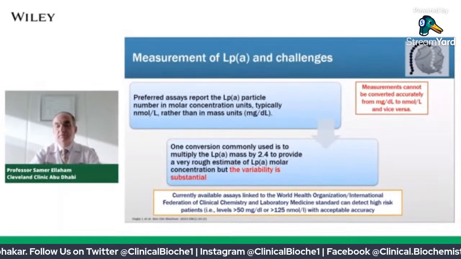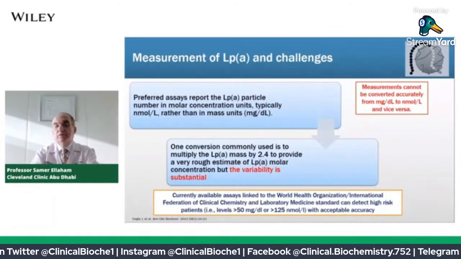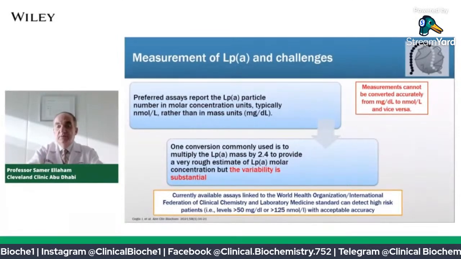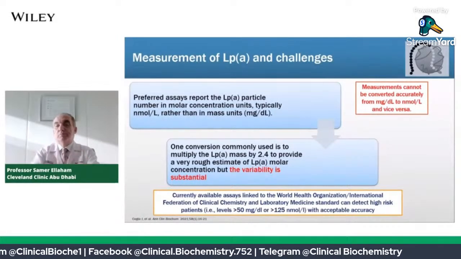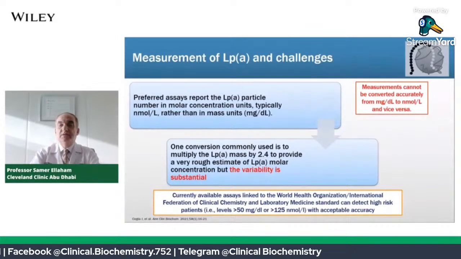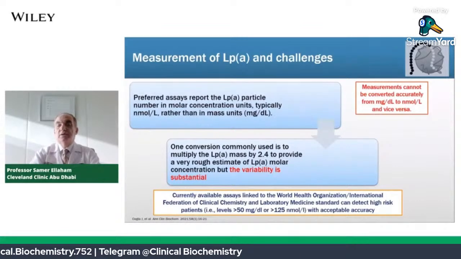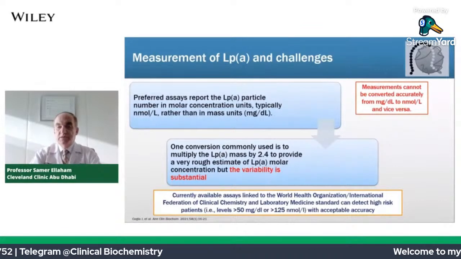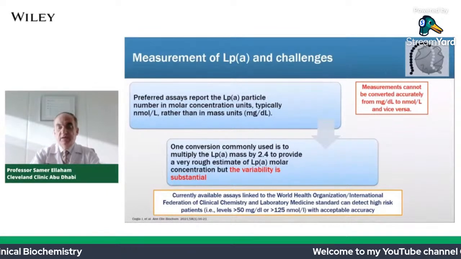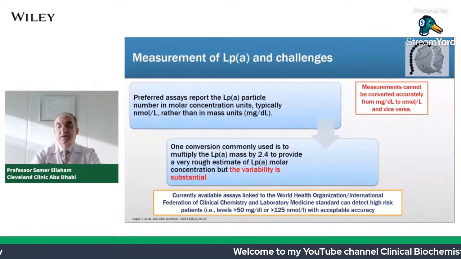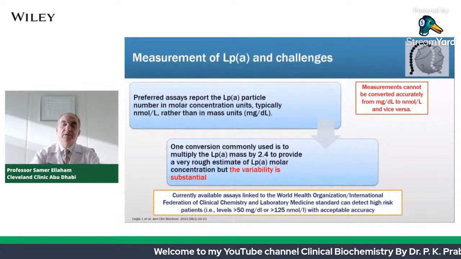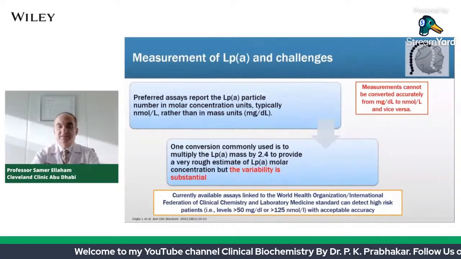That's one way to convert it. An easier number to remember, which I've seen mentioned by WHO, by European, American, and Asian societies, is that greater than 50 milligram per deciliter is probably elevated, and greater than 125 nanomole per liter is probably elevated. And I hope this makes sense.